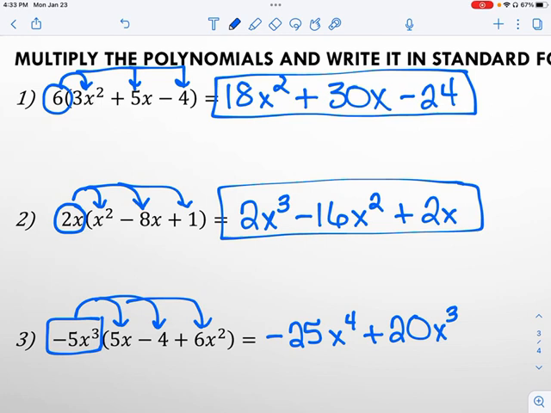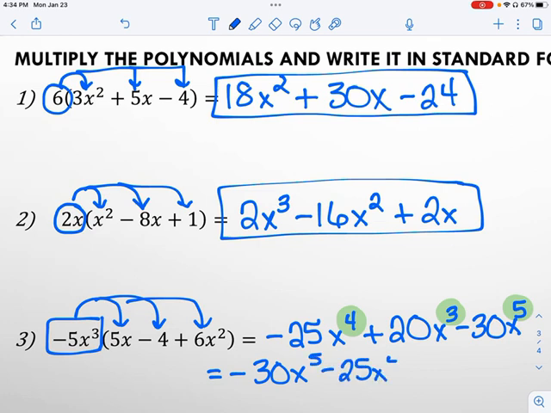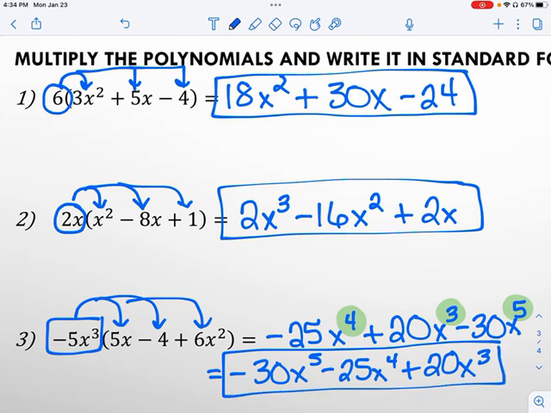Multiply to the 6x squared, and that's going to give me negative 30x to the fifth. Now, am I in standard form? The answer is no, because x to the fifth has a higher degree. So I'm going to move some things around: negative 30x to the fifth minus 25x to the fourth plus 20x to the third. And that would be our final answer.